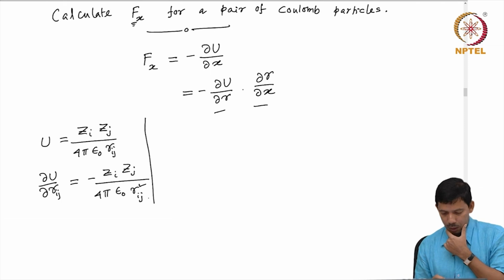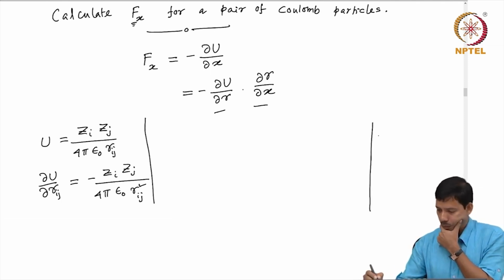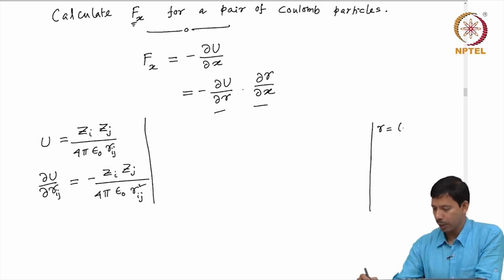What would be my del r del x? We know r is equal to x square plus y square plus z square to the power half.